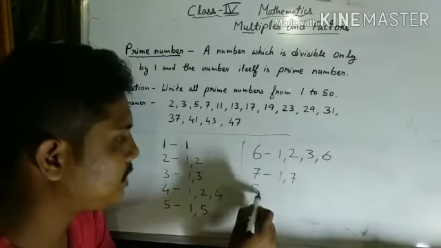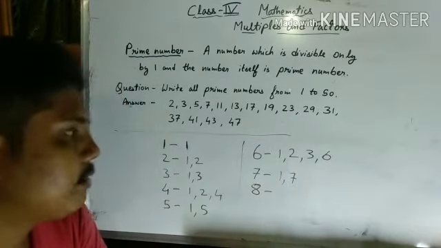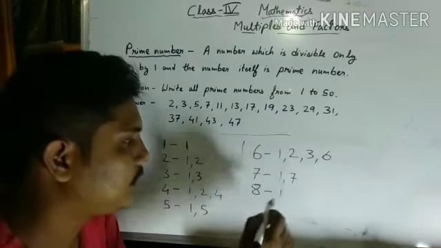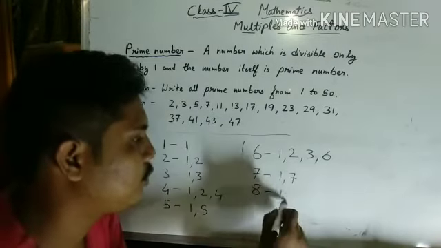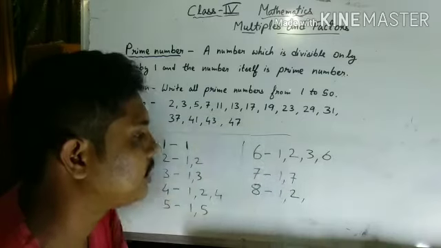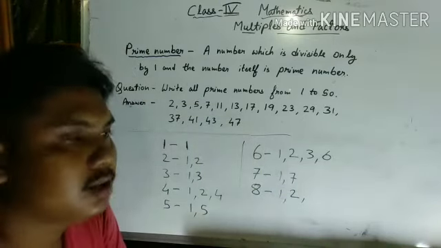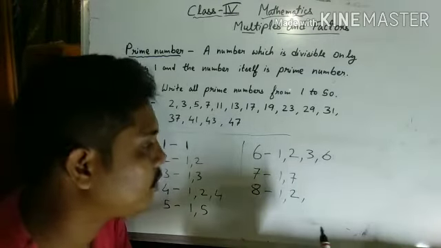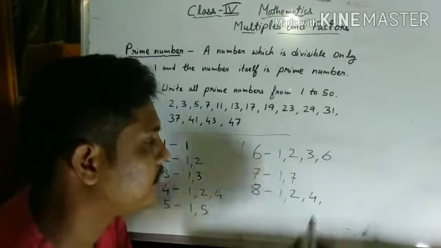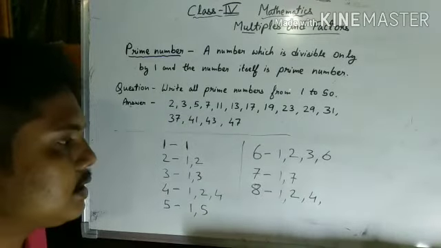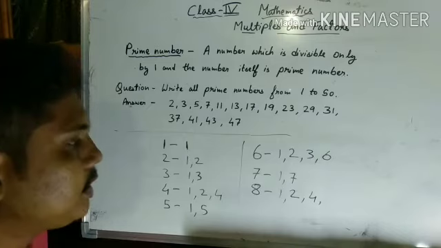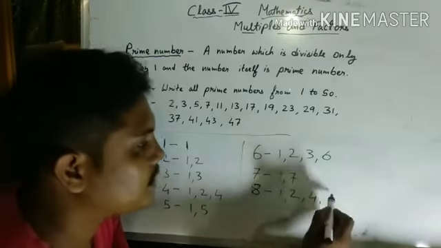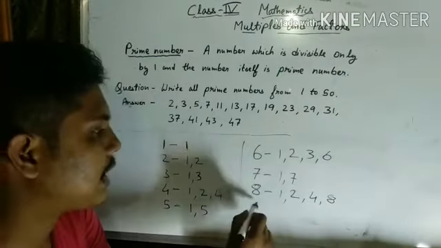Next, 8. Which are the numbers that can divide 8? 1 8s are 8, so 1 can divide. 2 4s are 8, so 2 can divide. 3 cannot divide 8. 4 can divide 8 because 4 2s are 8. 5, 6, 7 cannot divide 8. 8 can divide 8 because 8 1s are 8. Same way, 9.